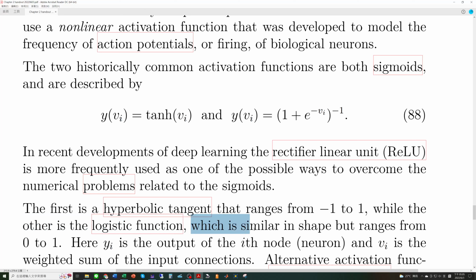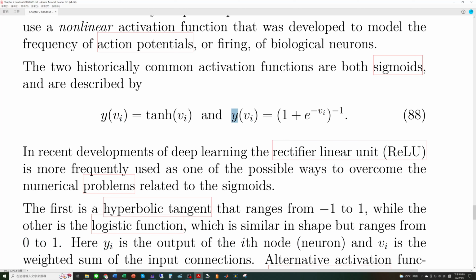Okay, which is similar in shape but ranges from 0 to 1. Here yi is the output of the ith node, a neuron. So you can imagine that here is y, and I add a subscript i here, so it becomes yi.